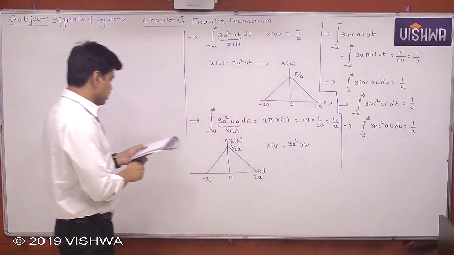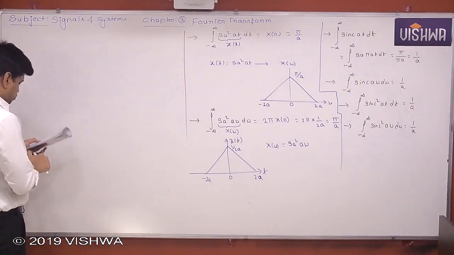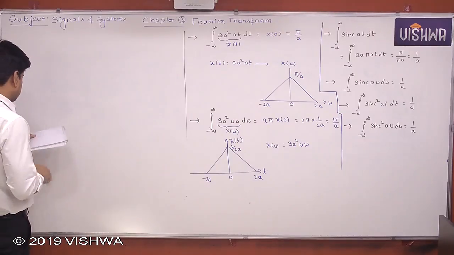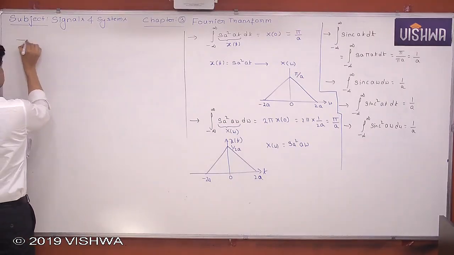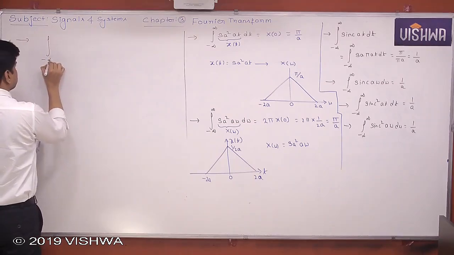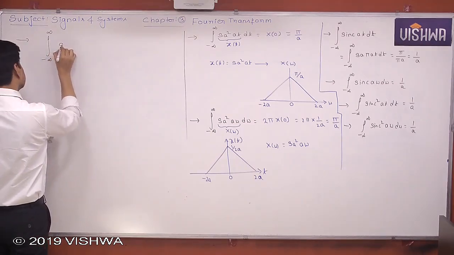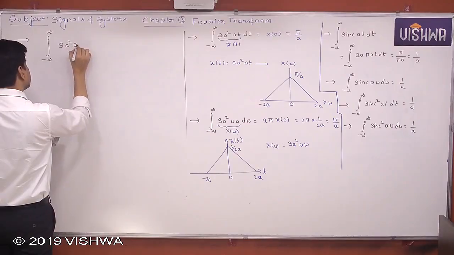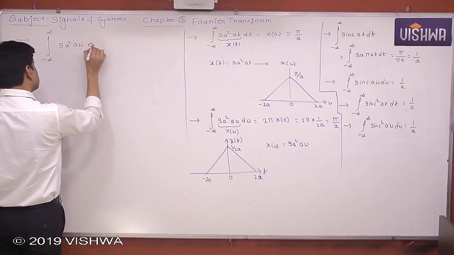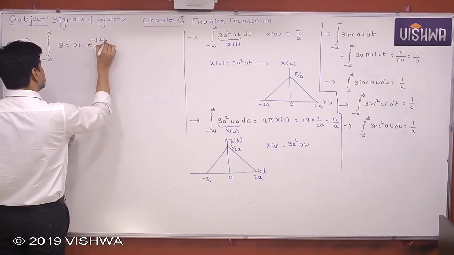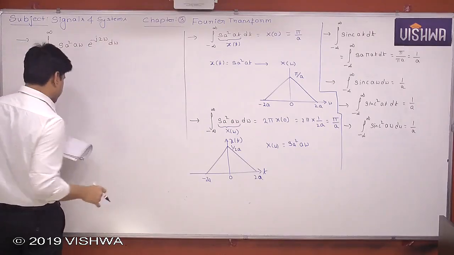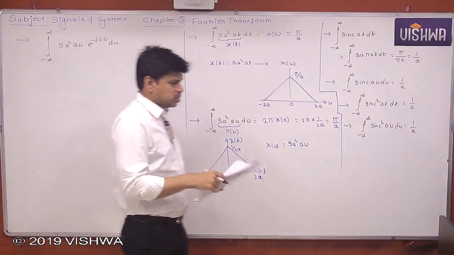If the question is like this: integral minus infinity to infinity of sampling square a omega e power minus j 2 omega d omega. Then what is it going to be?